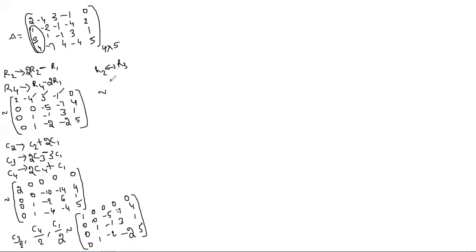So which is equivalent to, simply we can write 1 0 0 0 and 0. So here what we will get, 0 1 minus 1 3 1, and next one 0 0 minus 5, 7, sorry, minus 7, 4. And next remaining as it is, 0 1 minus 2 minus 2 5.